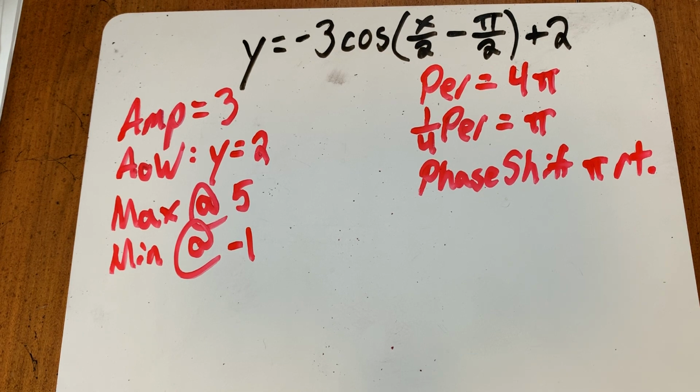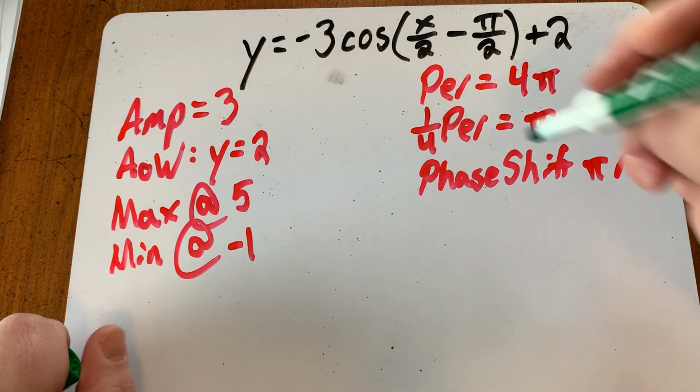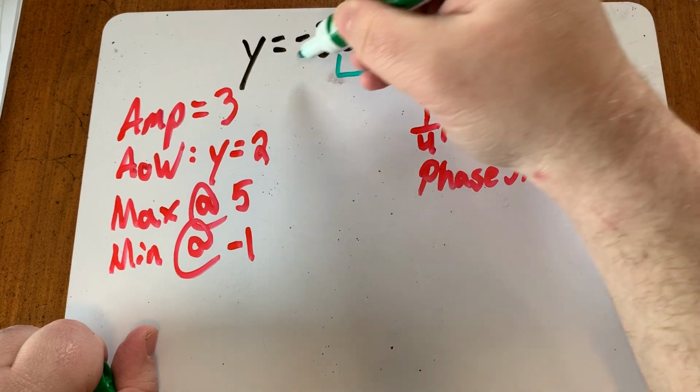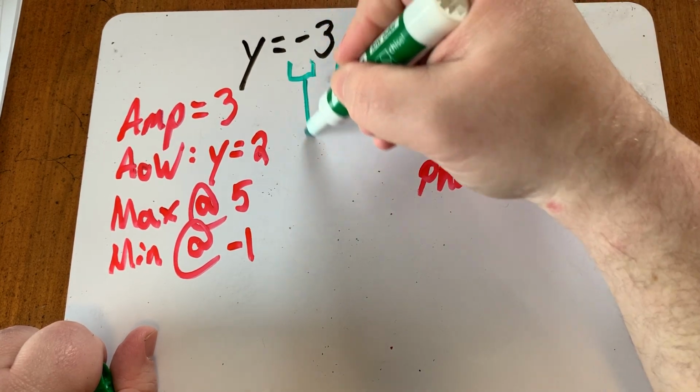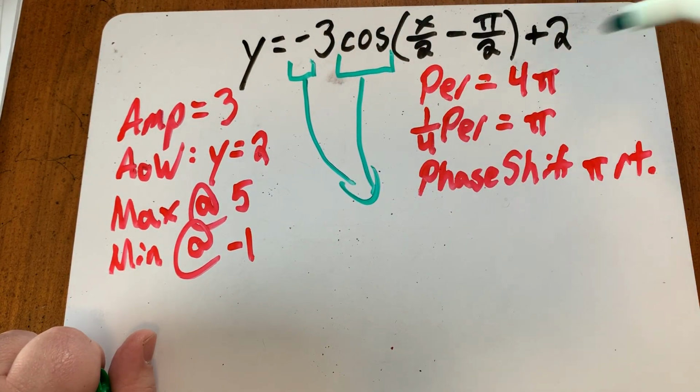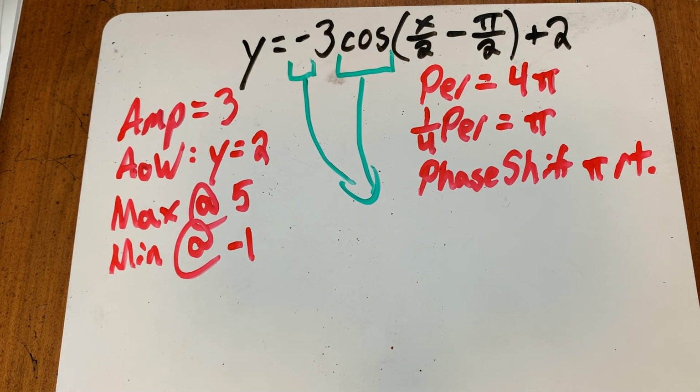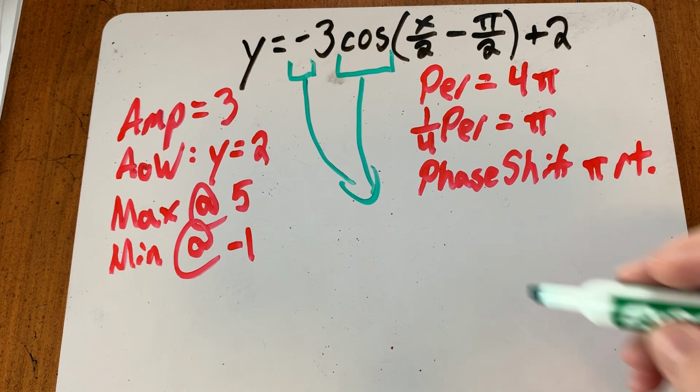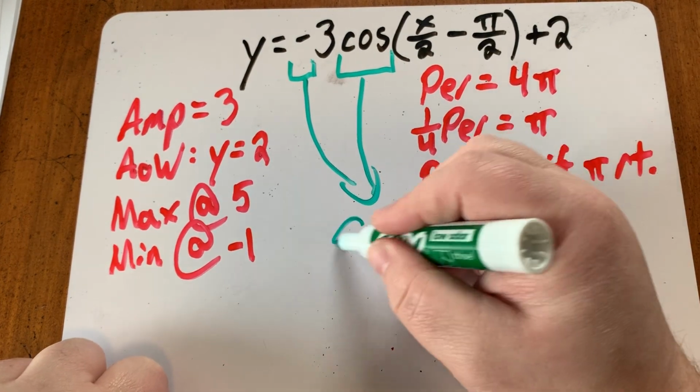The only thing left to get is from the fact that it's a negative cosine. A positive cosine starts at the maximum. Our standard positive cosine at the y-axis is at the maximum, but this one's negative.